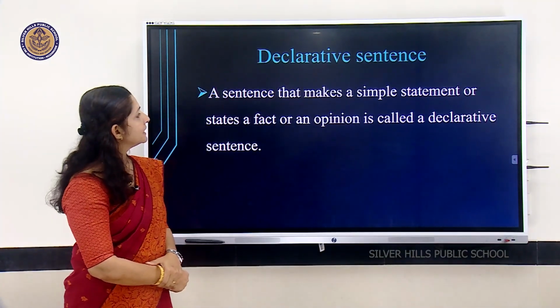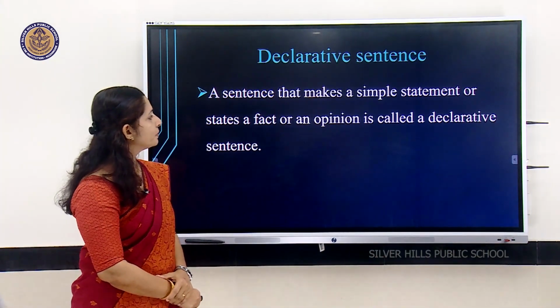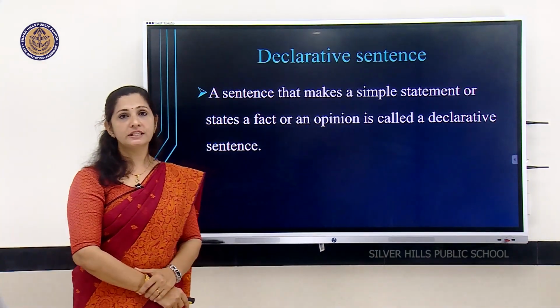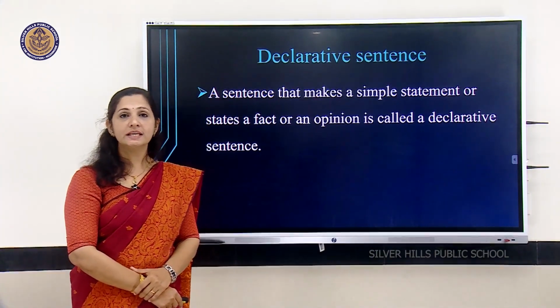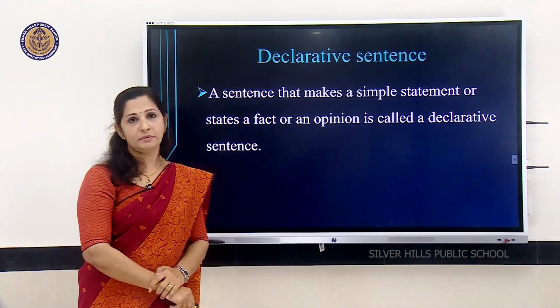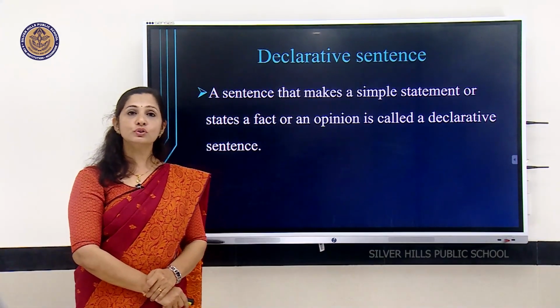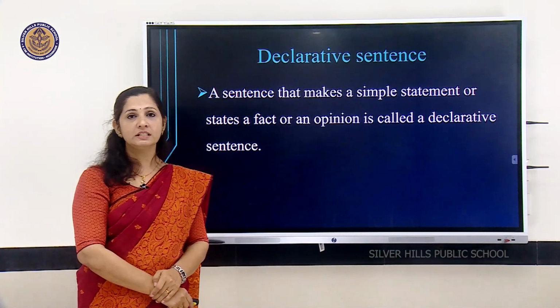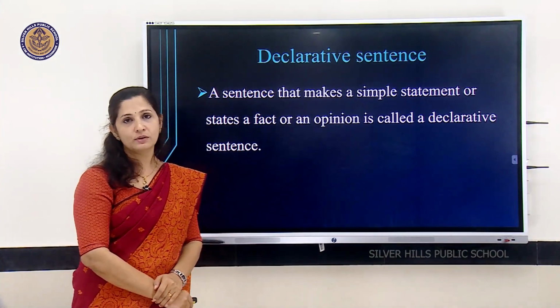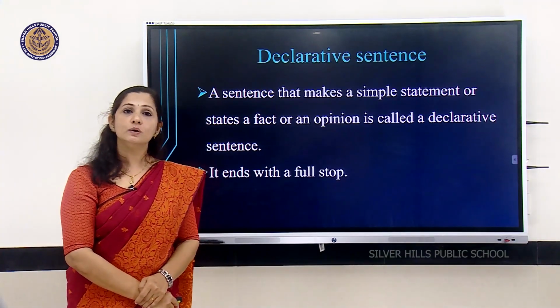A sentence that makes a simple statement or states a fact or an opinion is called a declarative sentence. Or we can say that they are simple statements which relay an information. And declarative sentence is the most common type of sentence used in the English language. Declarative sentences end with a full stop.